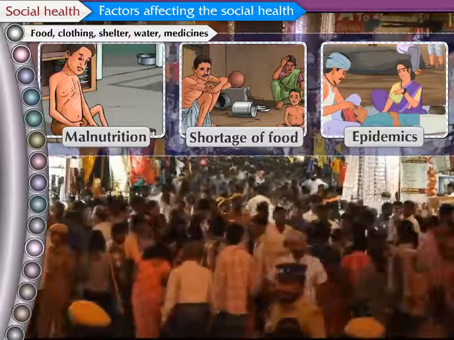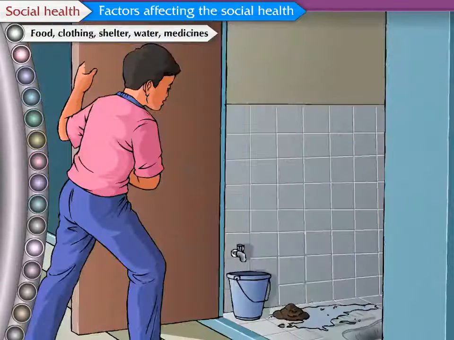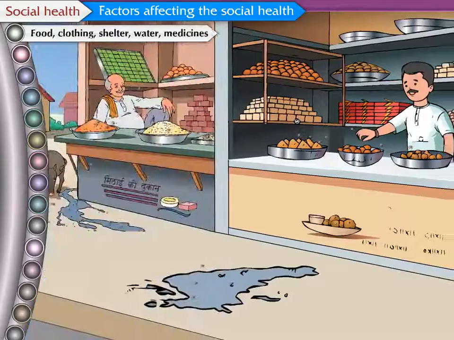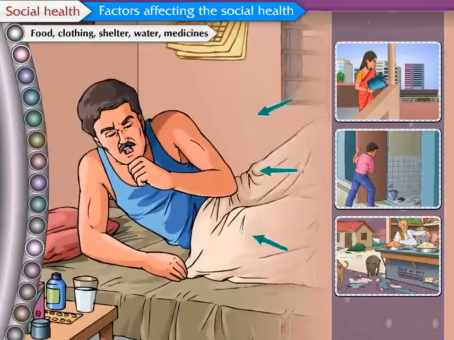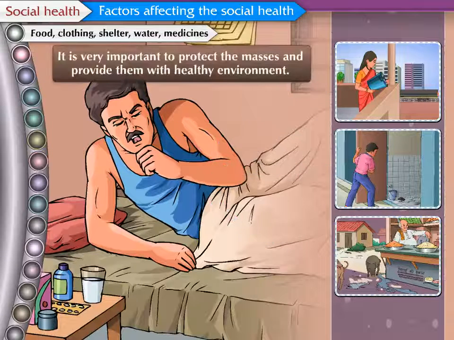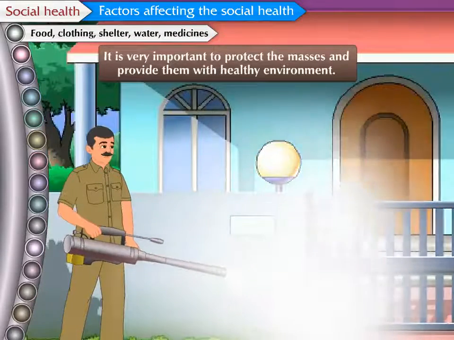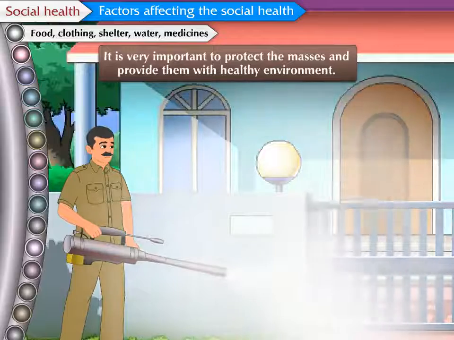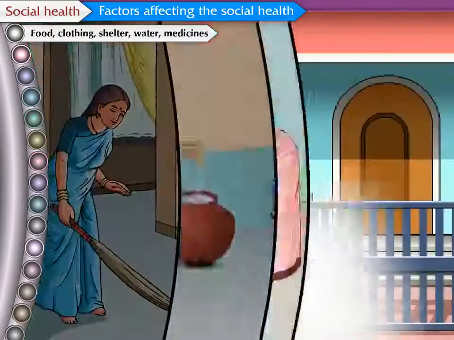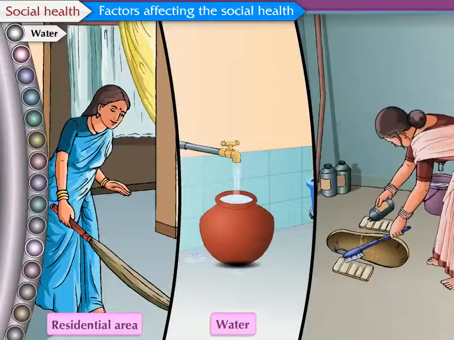In addition to this, if residential area, toilets and the surroundings are also not kept clean, then this will lead to further deterioration of social health. In such conditions, it is very important to protect the masses and provide them with healthy environment. Thus, we can say that our residential area, water, and the toilets that we use can affect the social health.